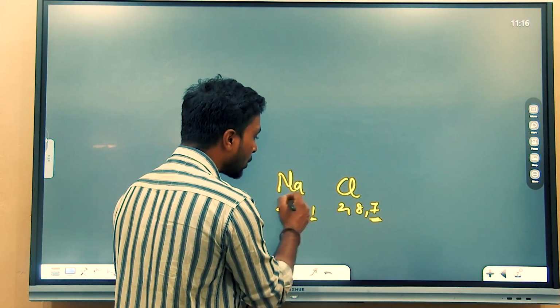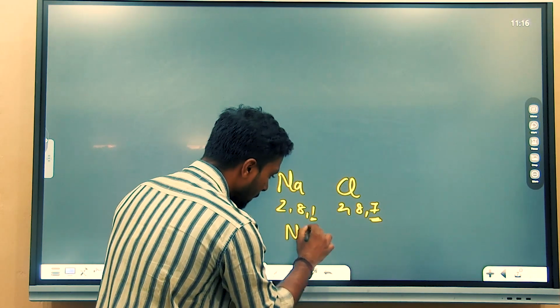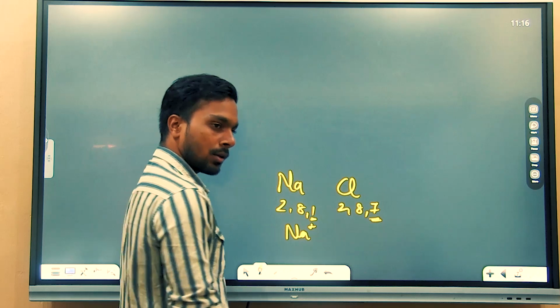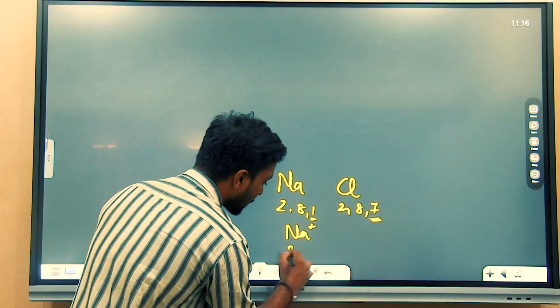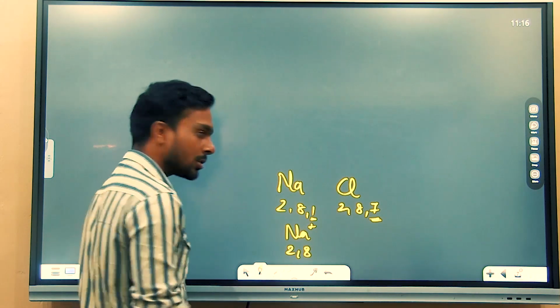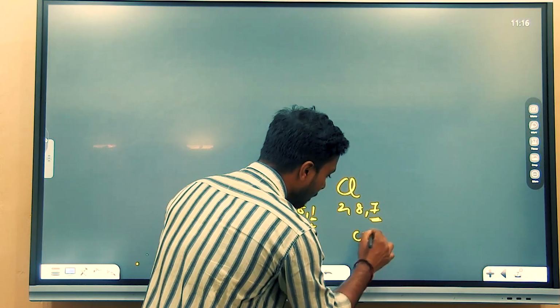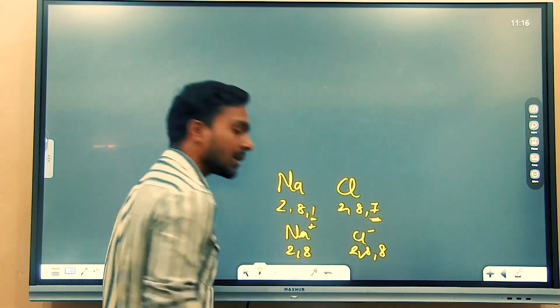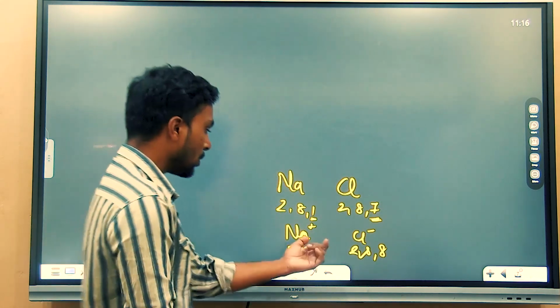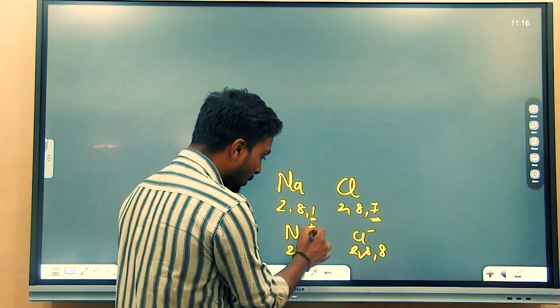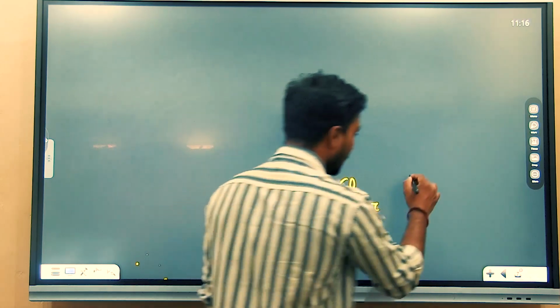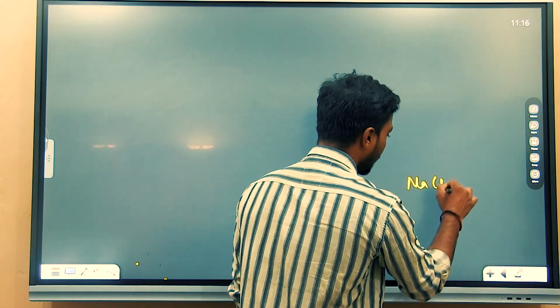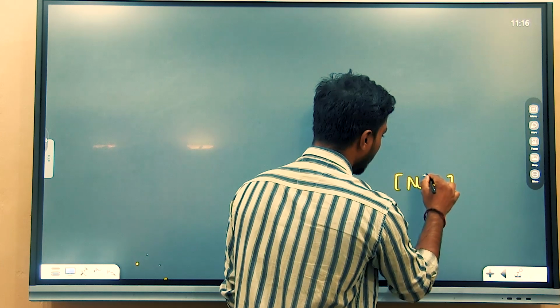So what will sodium do? Sodium will become Na+ with 2,8 electrons. Chlorine will become Cl- with 2,8,8 configuration. Now, since there is one positive charge and one negative charge, they will combine together to form Na+Cl-.